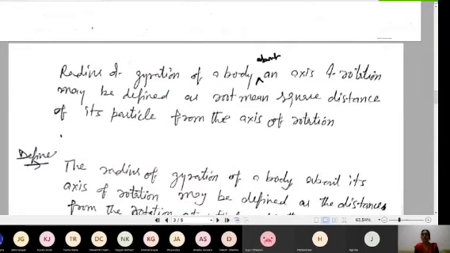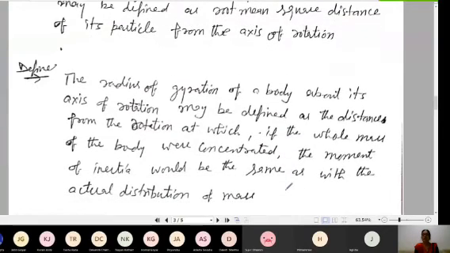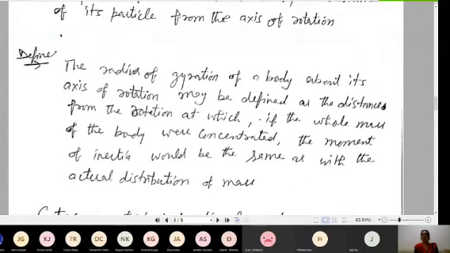Of course, the basic definition, if it is asked, is that the moment of inertia is kept the same for both cases, the actual distribution, or where I assume the whole mass of the body to be concentrated. So I can define the radius of gyration of a body about its axis of rotation as the distance from the axis at which, if the whole mass of the body were concentrated, the moment of inertia would remain the same as with the actual distribution of mass.